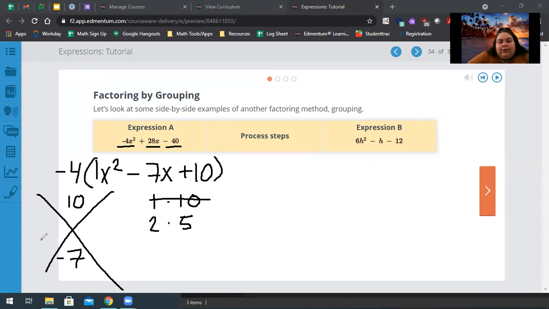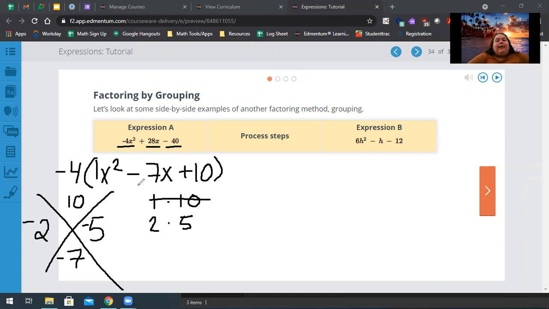If I add those two together, I can get 7, but I want negative 7. So in this case here, this should carry the negative, so will this. So negative 2 times negative 5 will give me positive 10. Negative 2 plus negative 5 is negative 7.